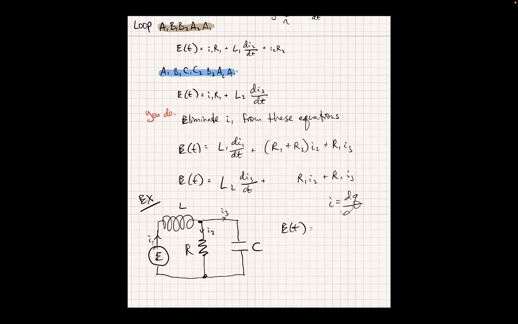So we're doing it with Q. Are we still using Q for this one, or do we use I?